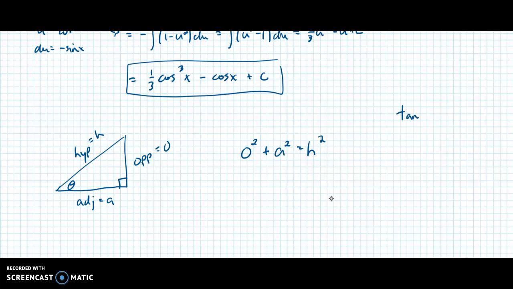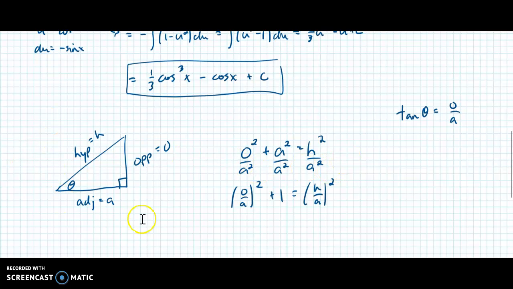I know that tangent of theta is TOA, opposite over adjacent. So notice I got an O squared, I got an A squared, and H squared. If I divide by A squared everywhere, then I get O squared over A squared and H squared over A squared. So really, this is O over A squared plus 1 is equal to H over A squared.